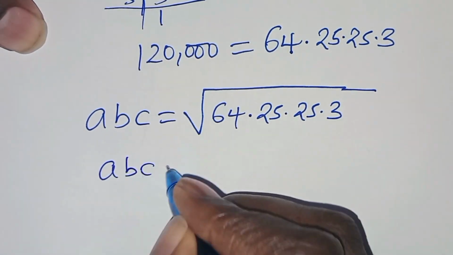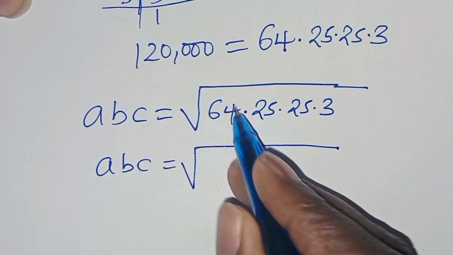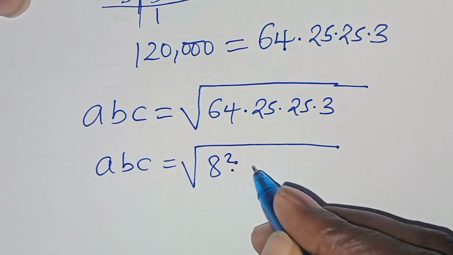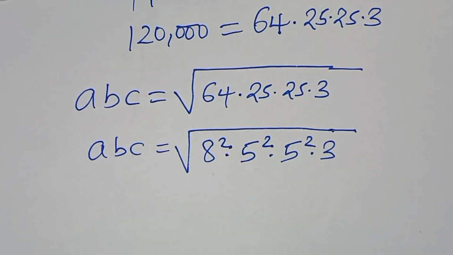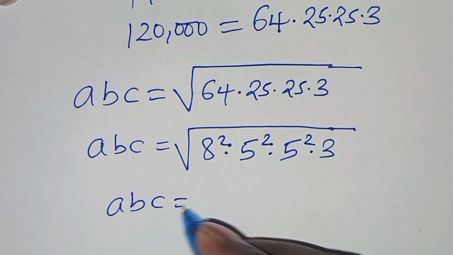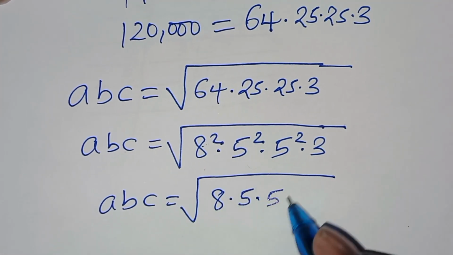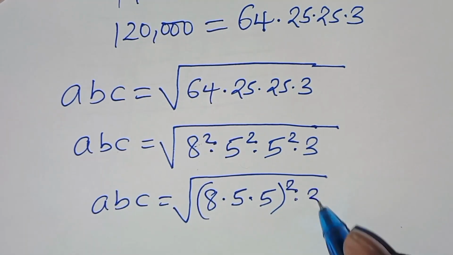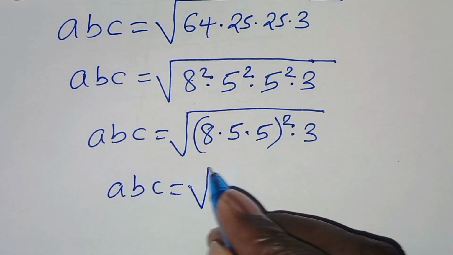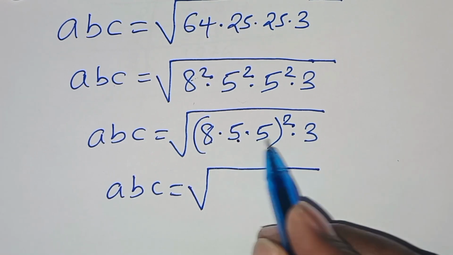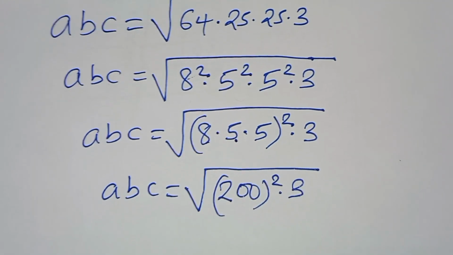That is the square root of 8 squared times 5 squared times 5 squared times 3, which is the square root of 8 times 5, this is 40, times 5, this is 200, raised to power 2, times 3.